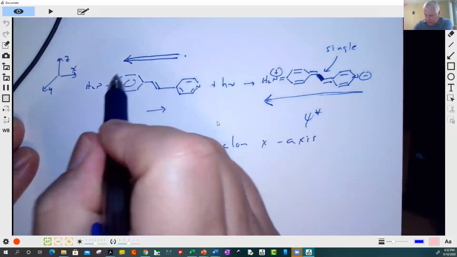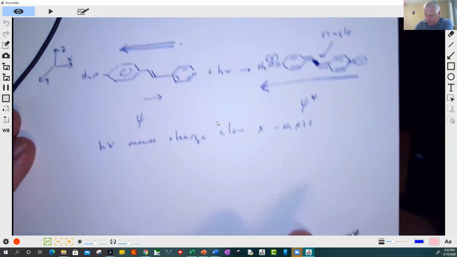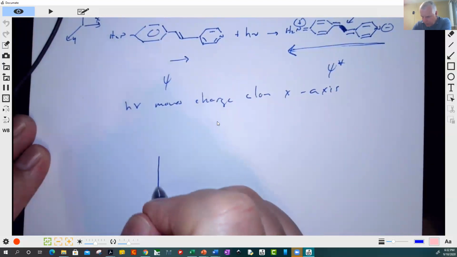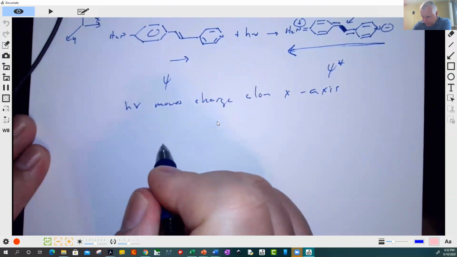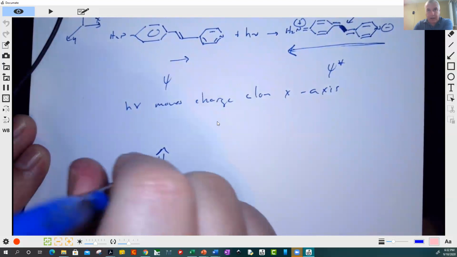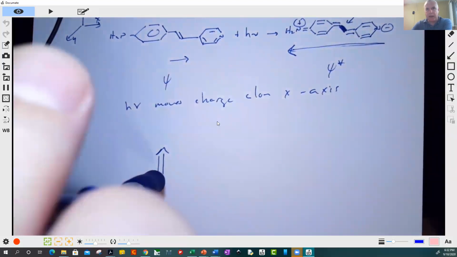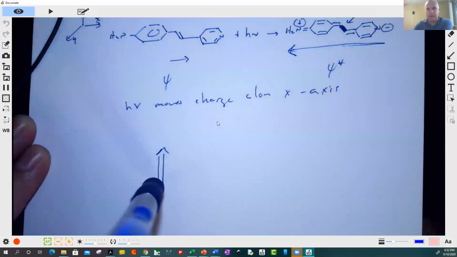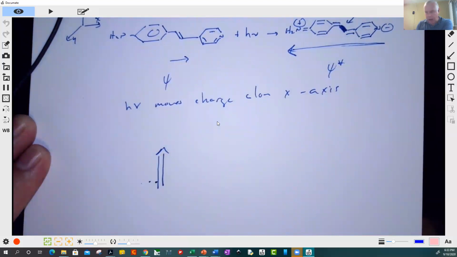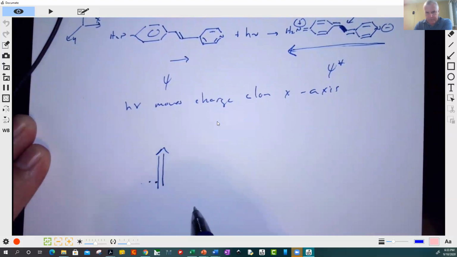This is pyridine, and this is an aniline, and then there's this ethylene coupling here, right? And let's just say that we're looking at this molecule, and it's like this, and the light is coming in orthogonal to the page, right? Such that this light then can have any number of types of polarization.